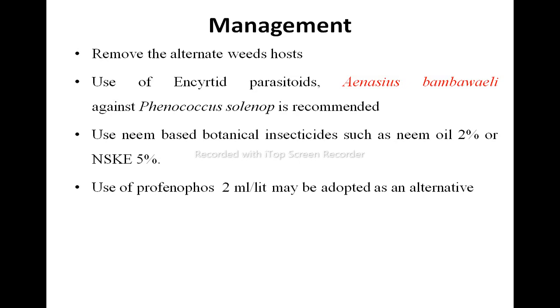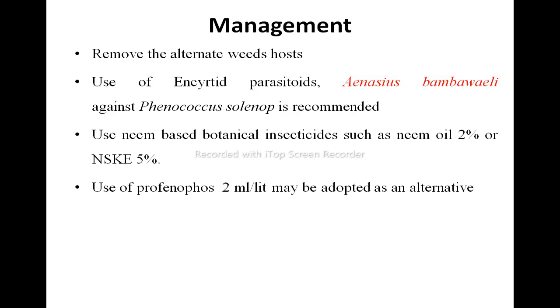Management. If you want to manage the mealybug, first we should remove alternate weed hosts like Parthenium, Abutilon indicum, etc. from the cotton field. Second, the most important parasitoid used against the mealybug is Aenasius bambawalei.